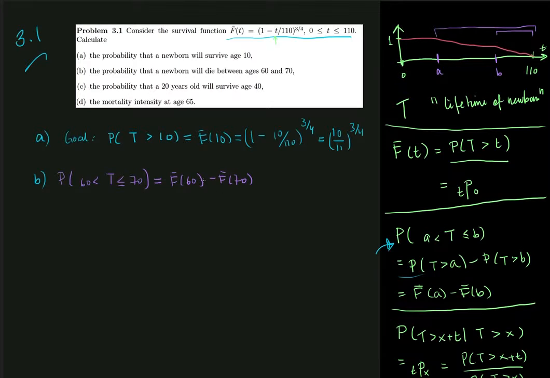Now, a little bit of intuition here. Always remember, the survival function is decreasing from 1 to 0. So essentially, what we need to remember is the survival function is equal to 1 minus the distribution function. And as you might recall, the distribution function starts at 0 and increases steadily towards 1. Or maybe not steadily, it kind of depends on your distribution, right?